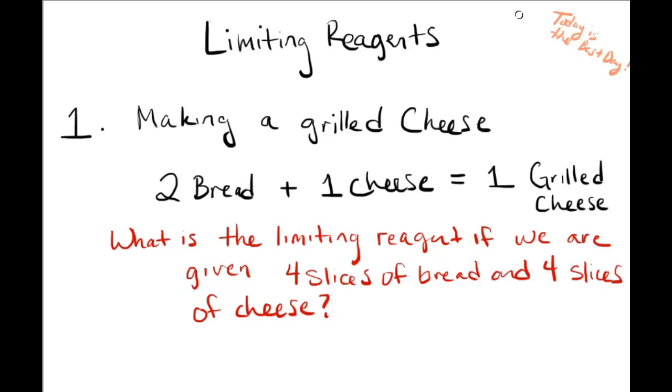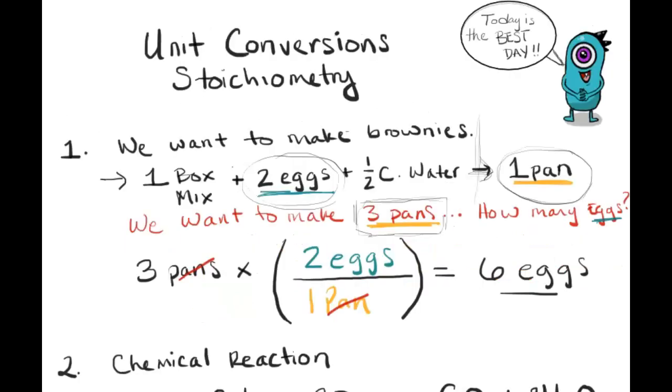Today we're going to be learning about limiting reagents. So we're kind of in the same topic as the unit conversions. So let's click there for a second. Unit conversions, stoichiometry, we were learning how to figure out how many things we need in order to make a certain amount of, in this case, pounds of brownies, right?